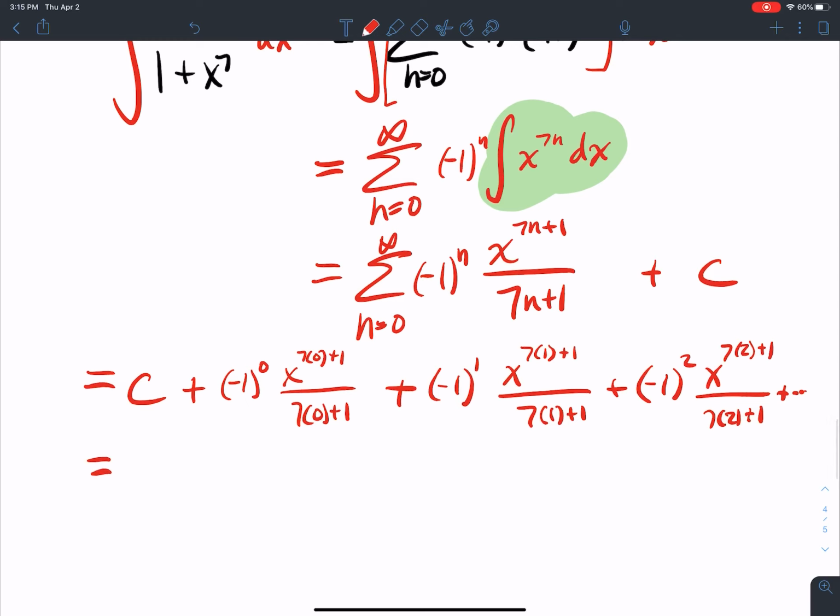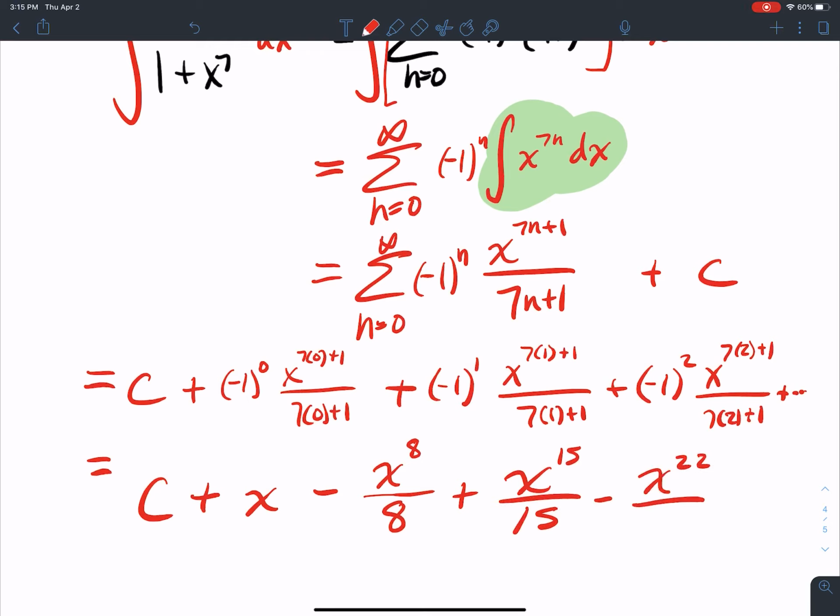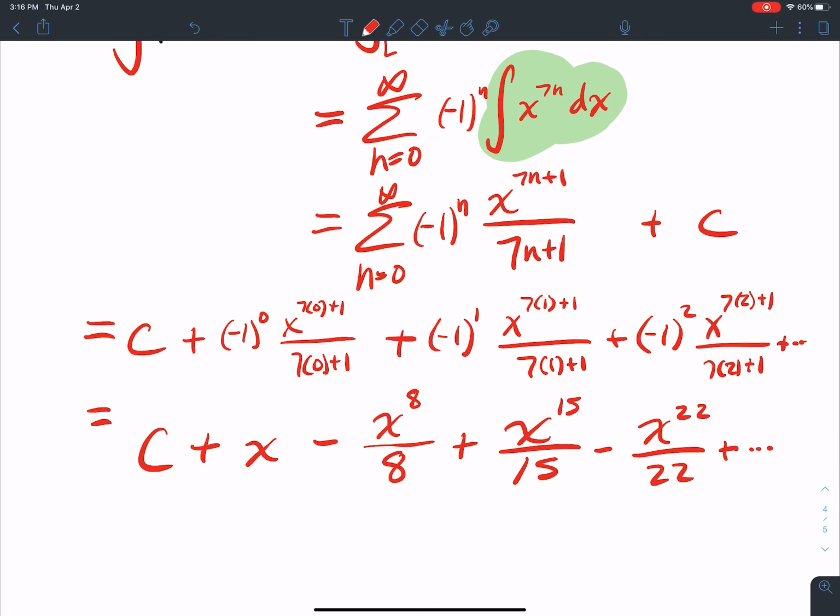So if I simplify this, this is c plus x minus x to the 8th over 8 plus x to the 15th over 15 minus x to the 22 over 22 and plus, and so on and so on, as long as what is true?